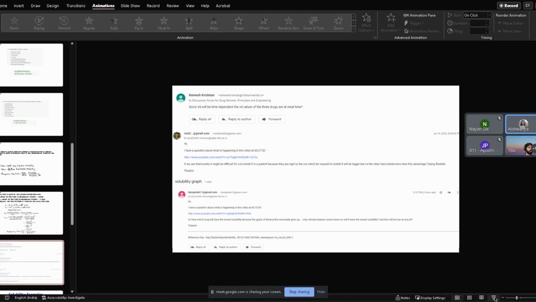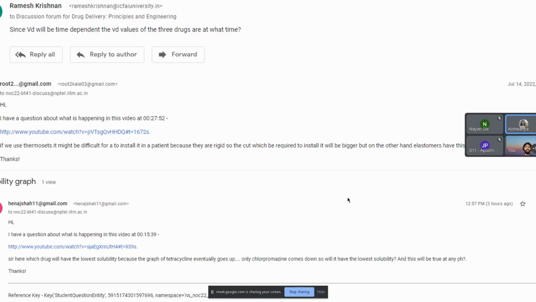Could you please explain it again? I didn't get it. Okay, so a thermoset is basically a polymer that generally sets with temperature, but once it's set, it's very rigid. You cannot change its shape, or restructure it, or remelt it and reform it. Once it's formed, it's formed. Whereas elastomers are much more flexible in their nature, right?